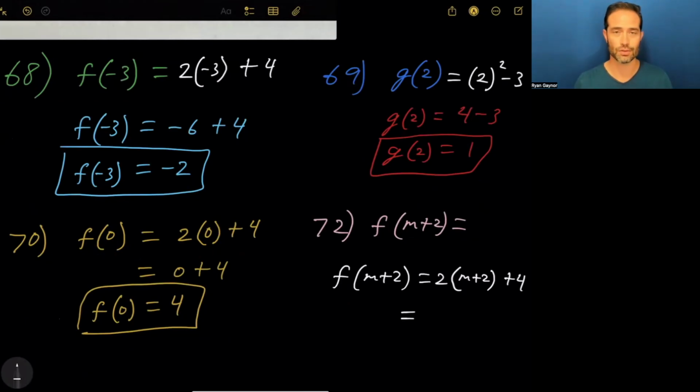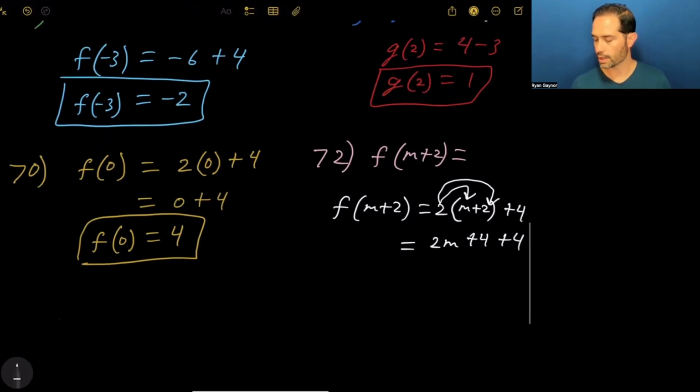But m plus 2, we can't actually add those together because they're not like terms. One is a variable, one's just a number. But we can do distributive property because it says 2 times the m, and then 2 times the 2. Okay, so 2 times m is 2m. 2 times 2 is 4. And then we have our other plus 4.